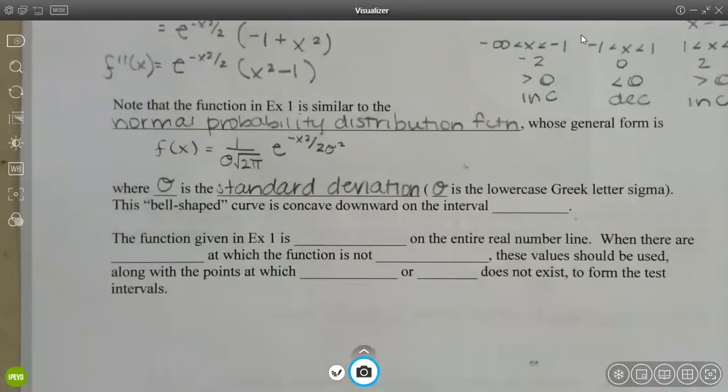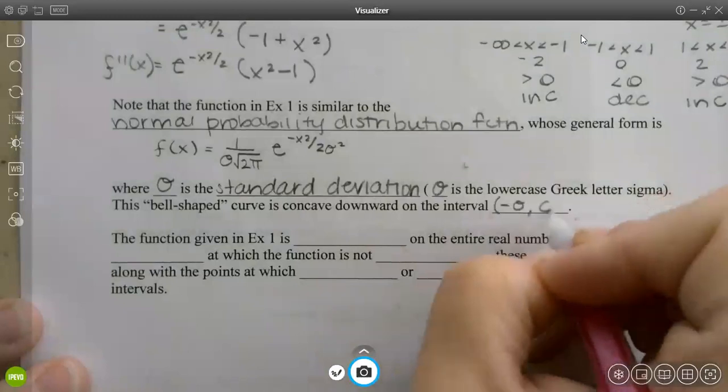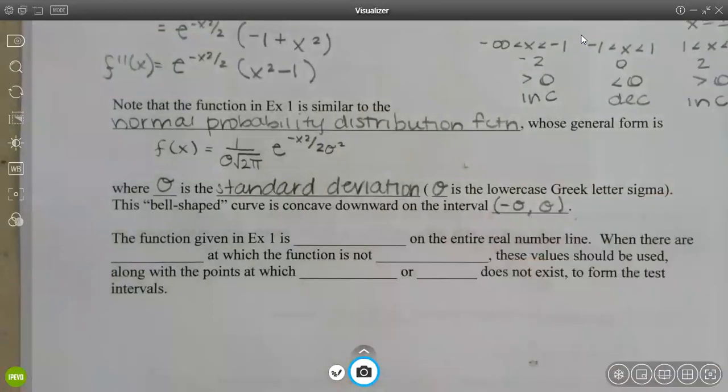This bell-shaped curve is concave downward on the interval negative sigma to sigma. The function given in example 1 is continuous on the entire real number line.